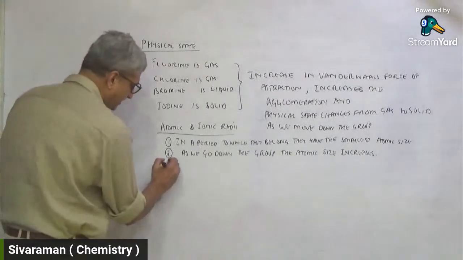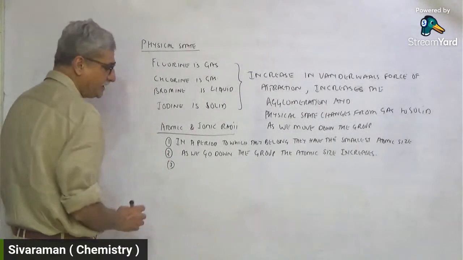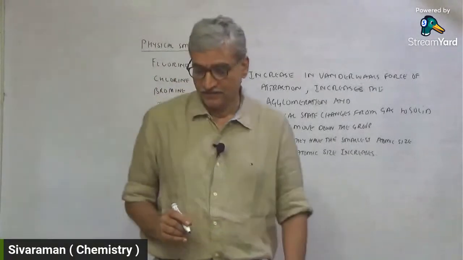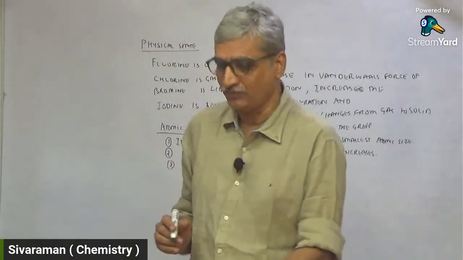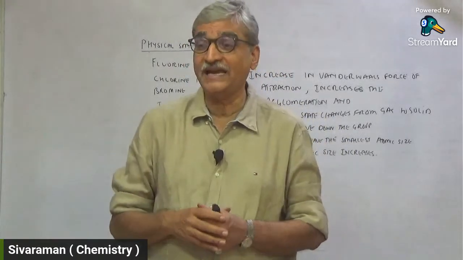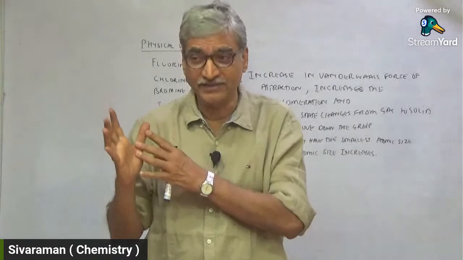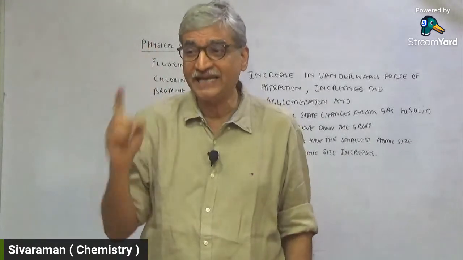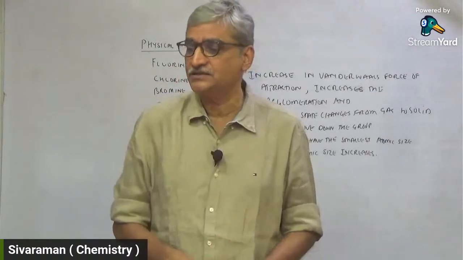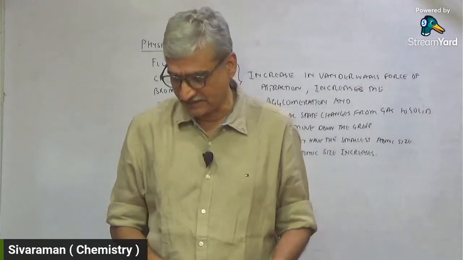Then the third one, okay, ionic size. So what happens here is they have 7 electrons in the outermost shell. So the tendency is to accept 1 electron and form anion. So whenever we are talking about ionic radii, it is the anionic radii, and generally the anionic radii is greater than the corresponding atomic radii. Exactly, that's the first thing.